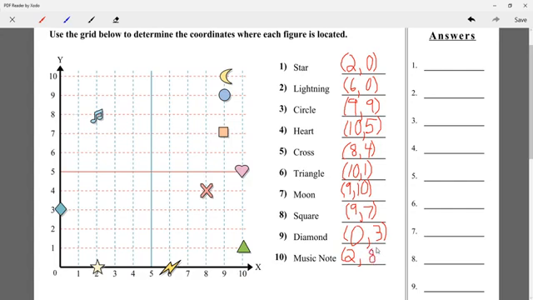So, I feel like this really isn't too hard as long as you know that the x-axis always goes first and that the horizontal line is the x-axis and the vertical line is the y-axis. Once you know that, I feel like it's pretty simple to figure out what the coordinates of each point are.